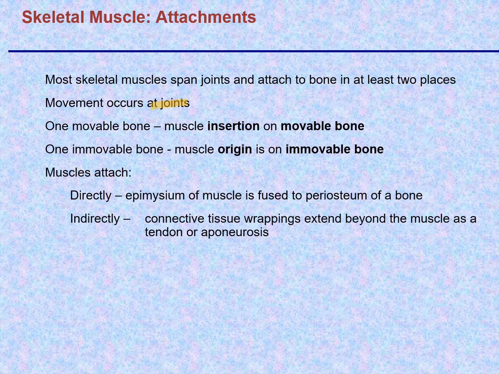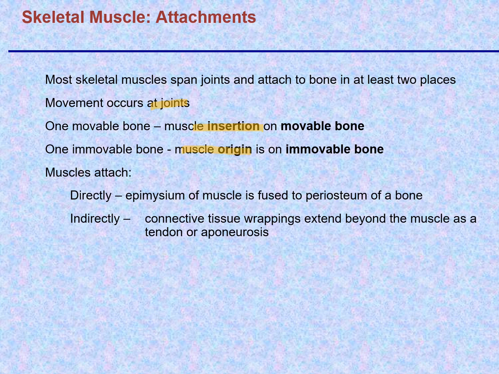So for example, if you consider your biceps, it is attached to the bones in the lower arm, and that attachment point on the movable bone is called the insertion point, and it's also attached at the upper end to an immovable bone, which is your humerus, the upper arm, and that is the muscle origin.